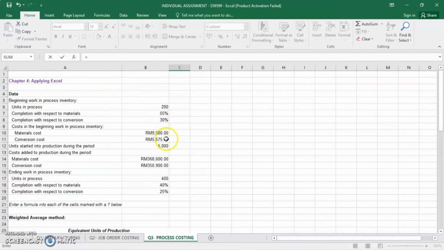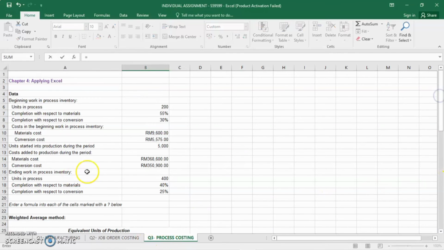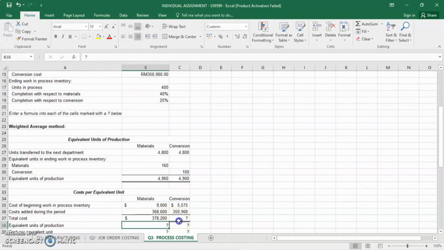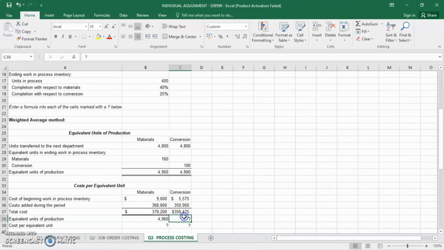Direct material beginning work in process, cost added for material is this, and for conversion this, and the total cost is cost of beginning plus cost added. Equivalent units.